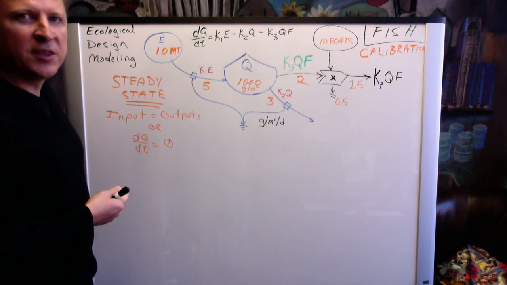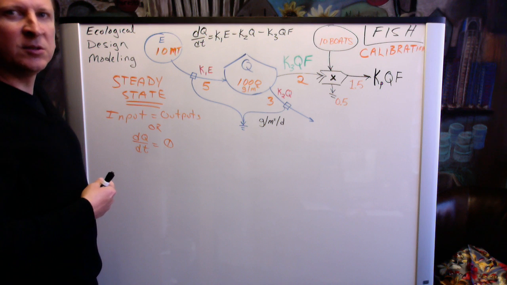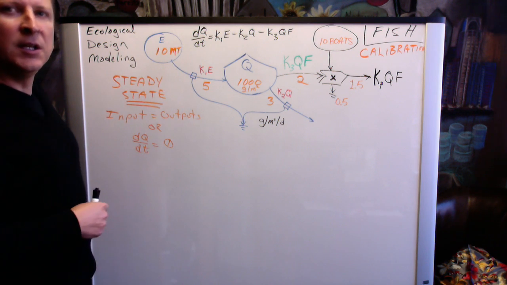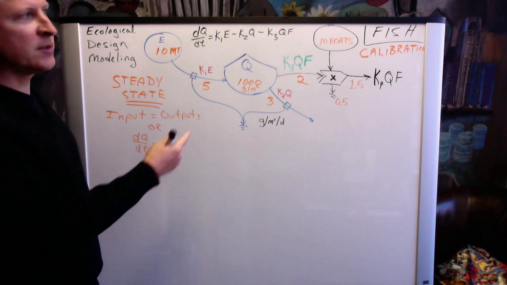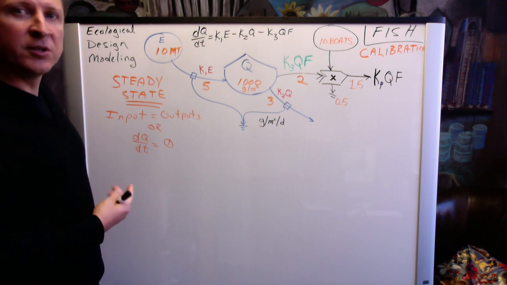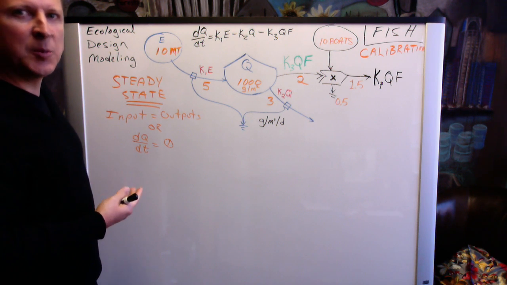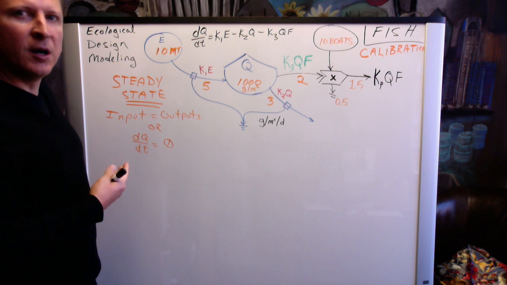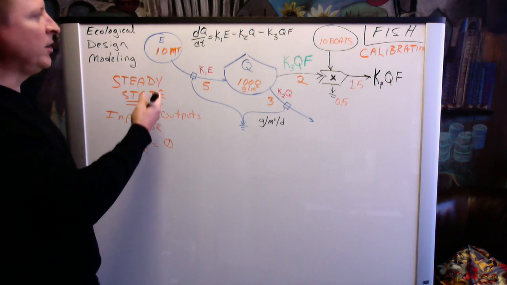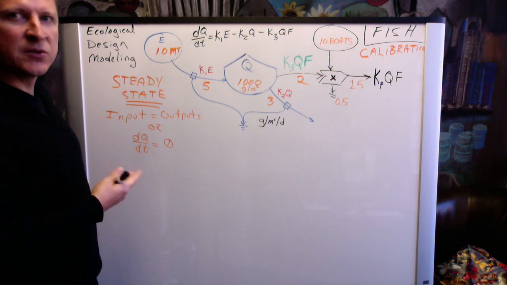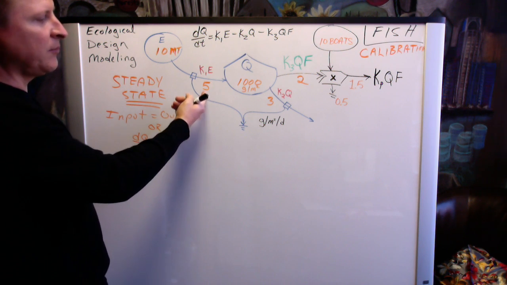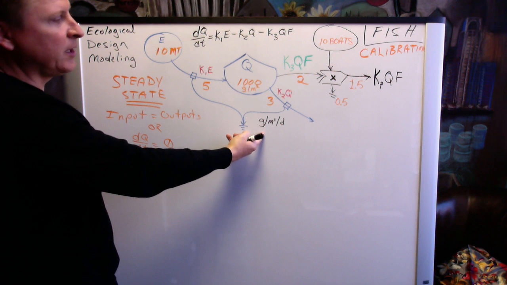After determining the mathematics behind the fish model, which we can see here at the top, the next step is to perform the calibration, or determine what the K pathway coefficients are going to be. Here in orange, we can see that we've captured information about our fishing example. We know we have 10 metric tons of fish outside of our fishery that's supplying fish to us at a rate of 5 grams per square meter per day.